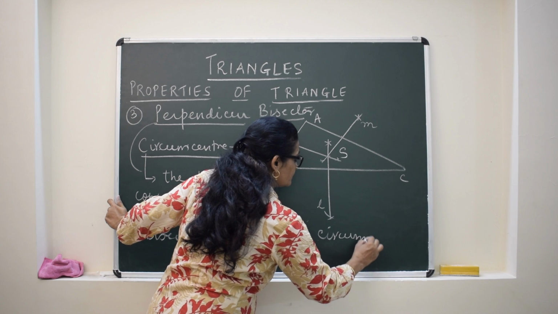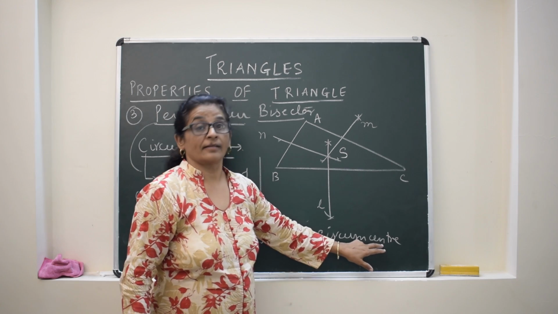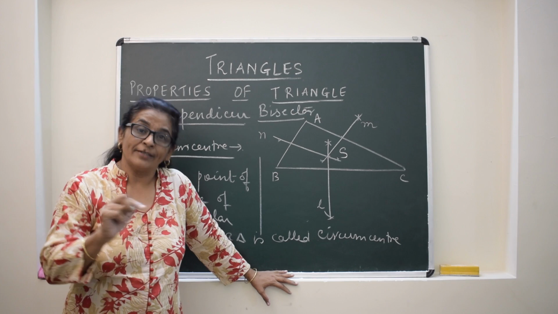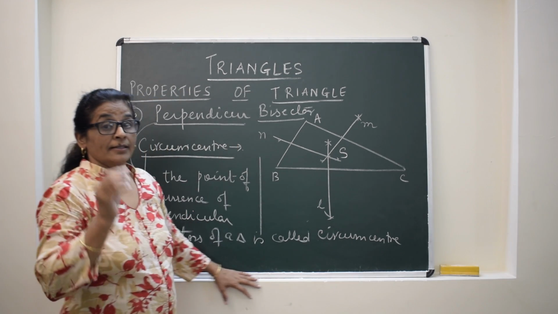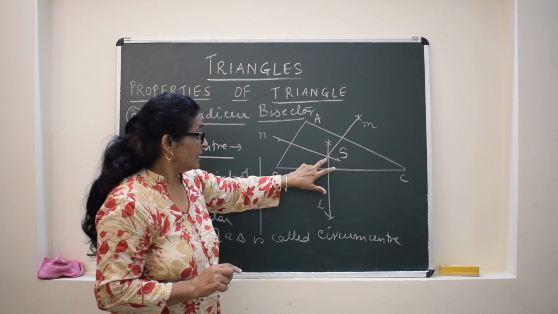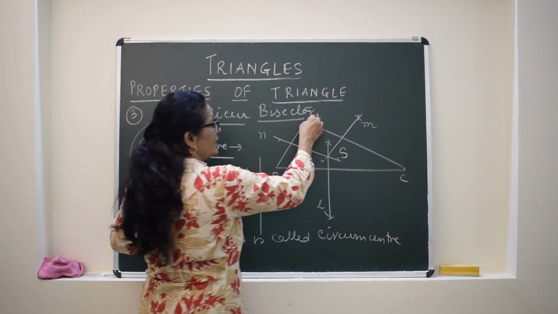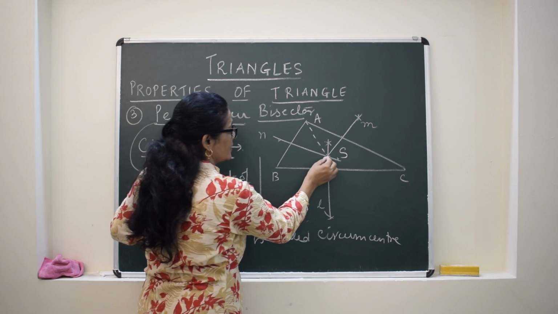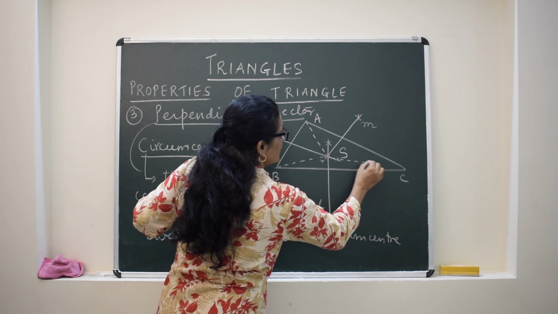Now, the word center normally comes with a circle. So we can draw a circle through this circumcenter, and the characteristic of this circumcenter is that it is equidistant from each vertex. It means if you join the circumcenter to each vertex, those will be equal distances.